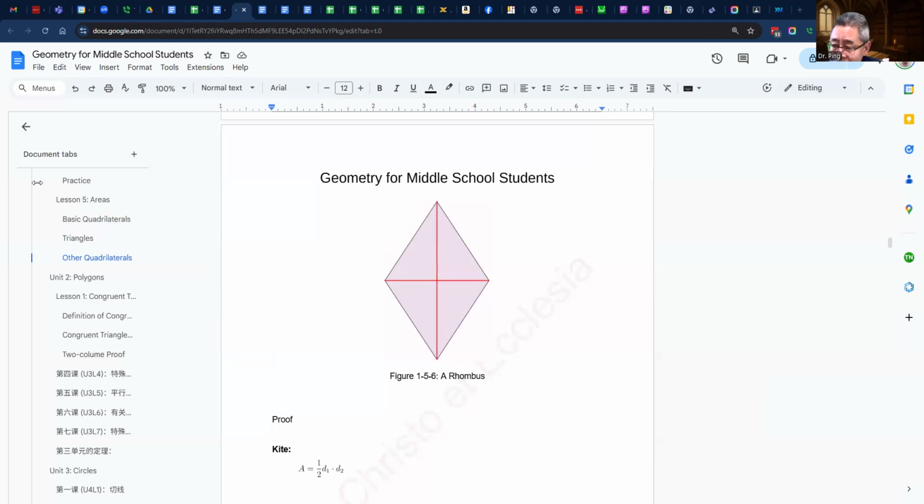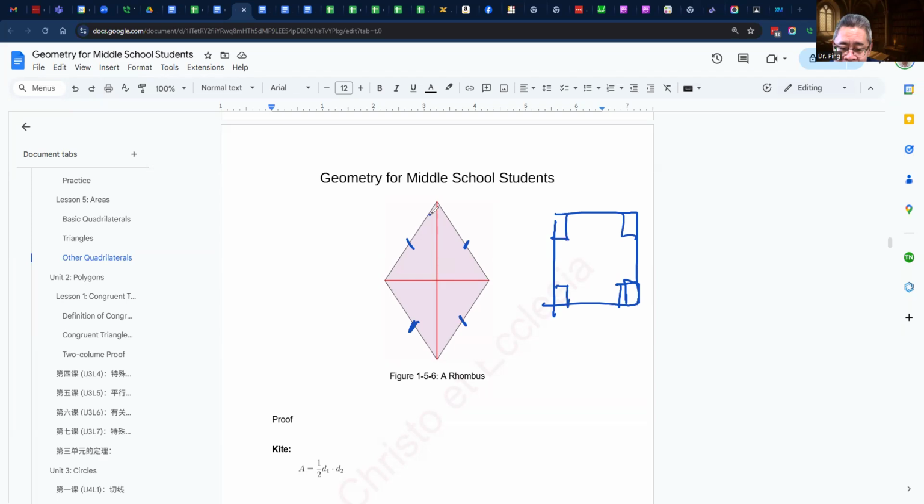Okay. So the rhombus is basically a shape with four sides of exactly the same length, kind of just like a square. But the only difference is that in a square, all the internal angles are right angles, but in a rhombus they are not.